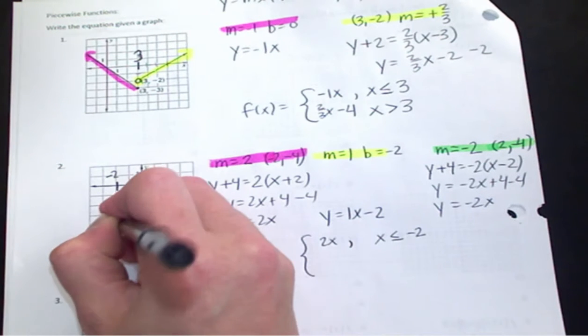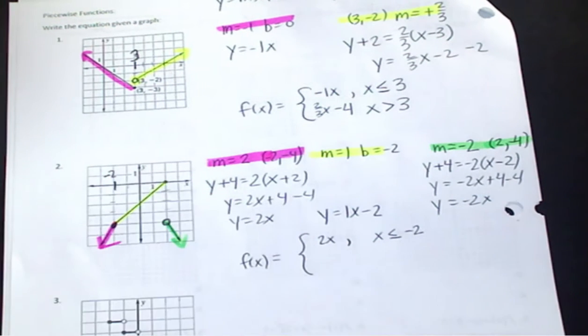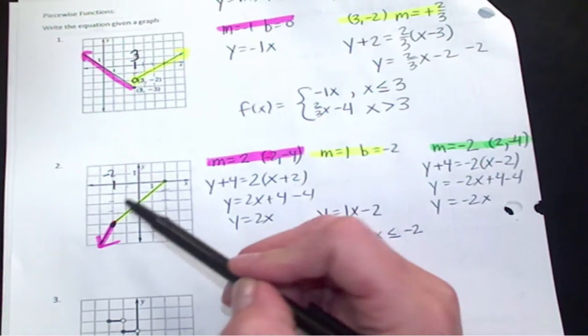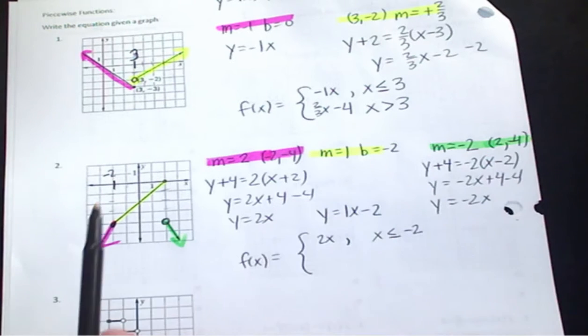Now I'm going to assume that this pink one is filled in, right? See that equals? I'm going to assume the pink one is filled in. Okay, yellow line.